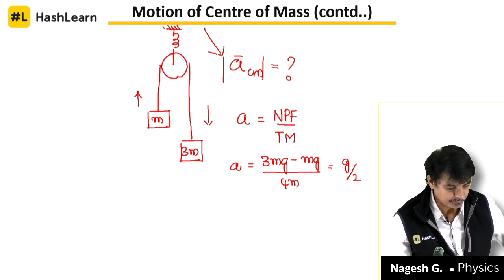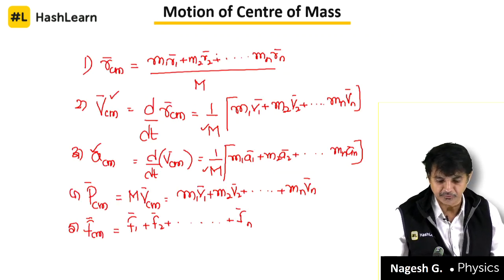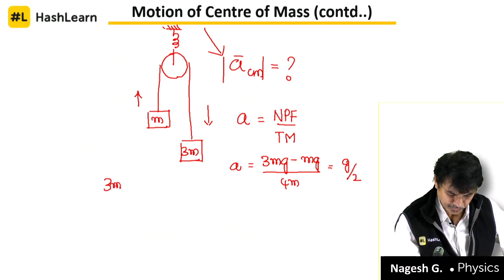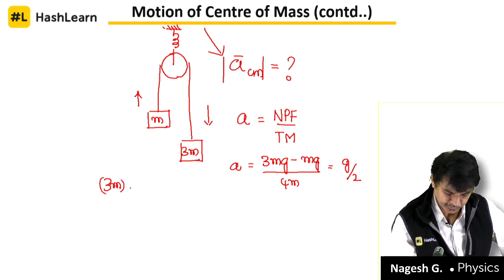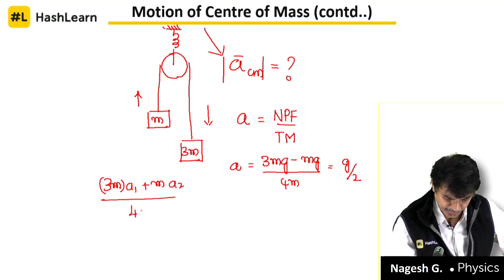Just now I told center of mass of a system: m1 a1 bar plus m2 a2 bar, and so on mn an bar, by total mass. Here 3m into, I write this as a1, and m into a2, by 4m.